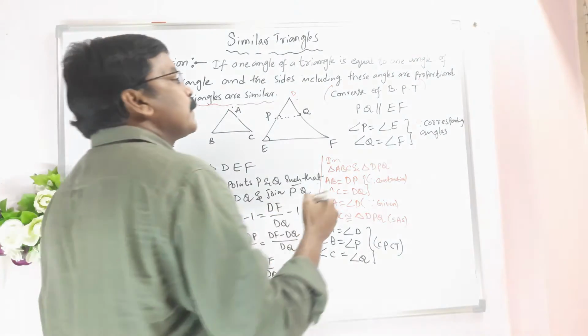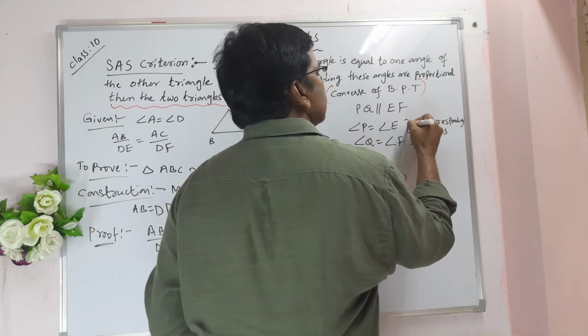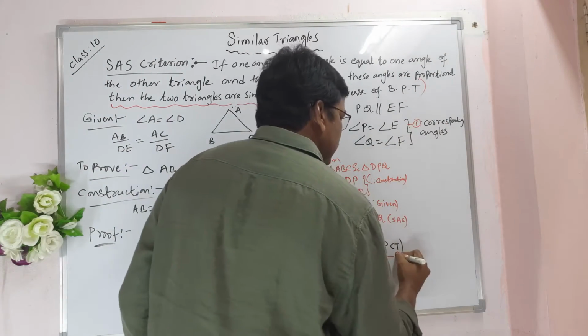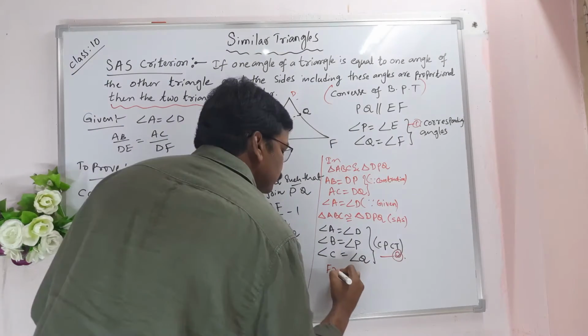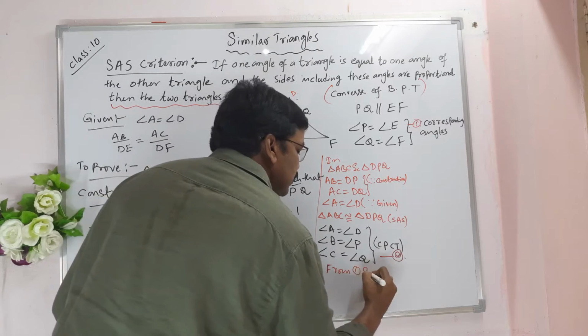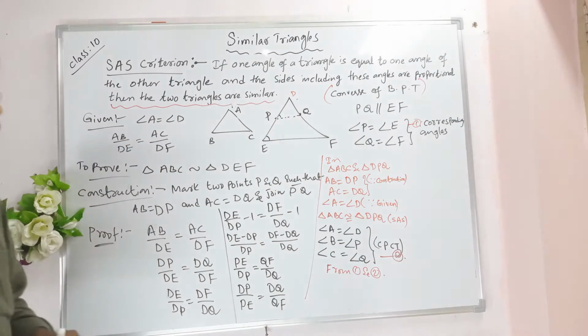Now, this is equation 1, and this is equation 2. From 1 and 2, what do you write?